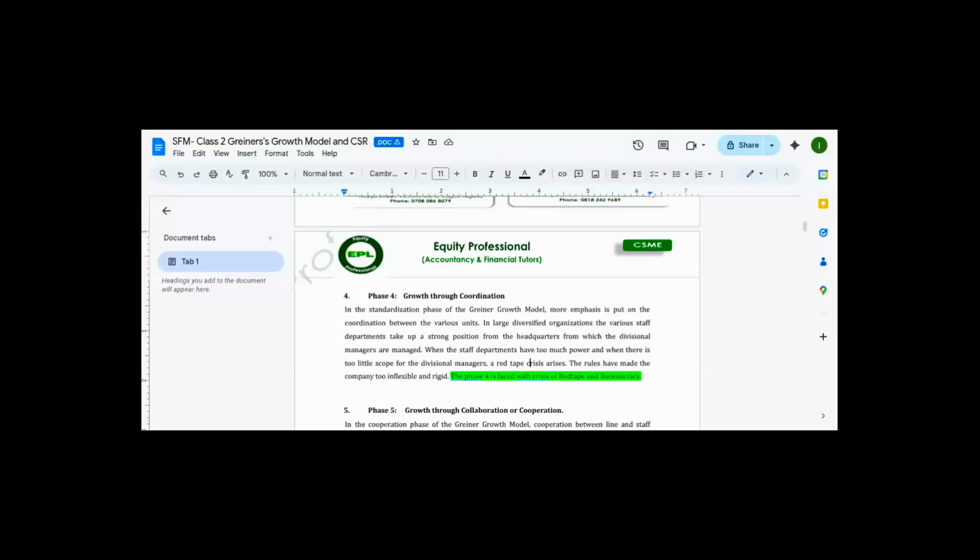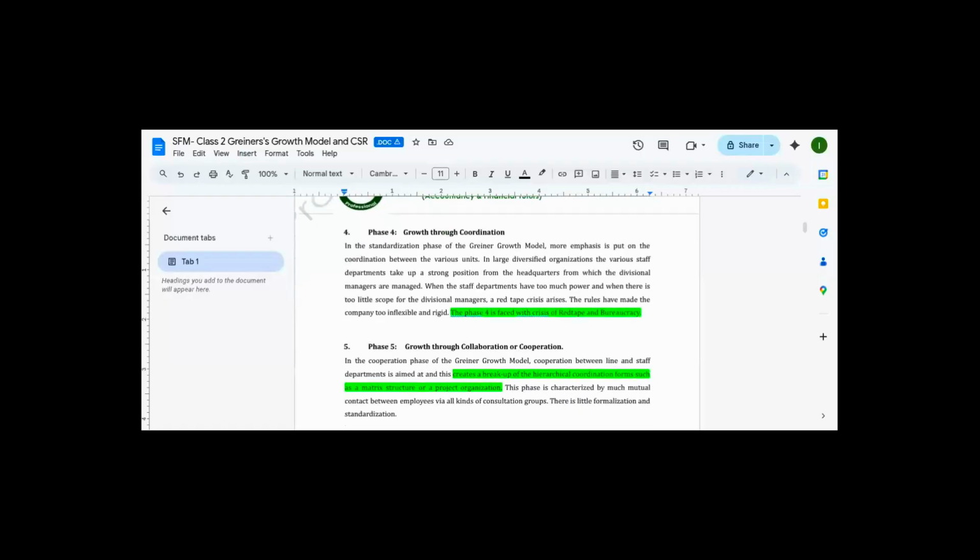That red tapeism crisis means a lot of bureaucratic procedures have to be observed. And this will make the company less flexible and rigid. So that rigidity will bring about a form of slow decision making in some units, all because we have to wait for some decisions to be taken at the headquarters before they can be implemented at the divisions or various branches of the organization.